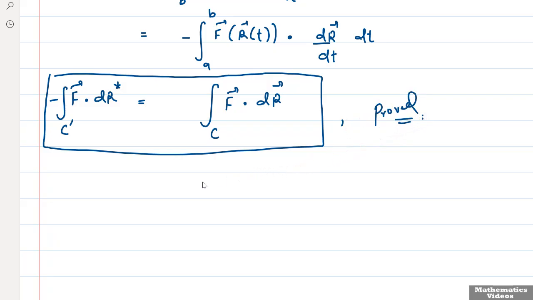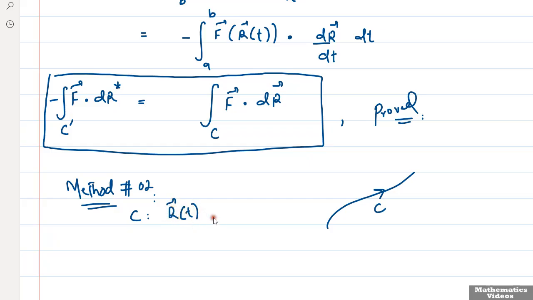Now we will prove the statement by the second method. This method is also very simple, and for this we have to consider again the curve C traced in this direction, and this curve is parametrically given by the vector r of t, in which the parameter t varies from a to b.